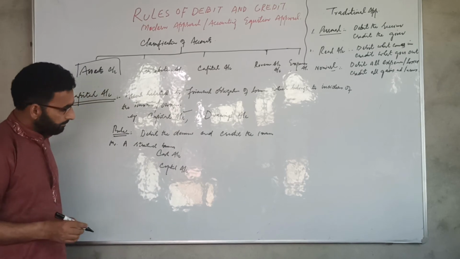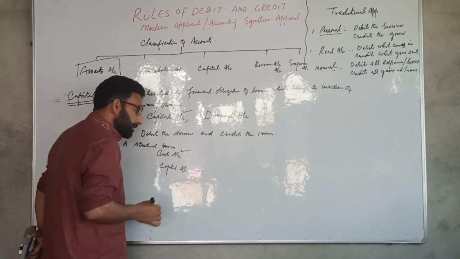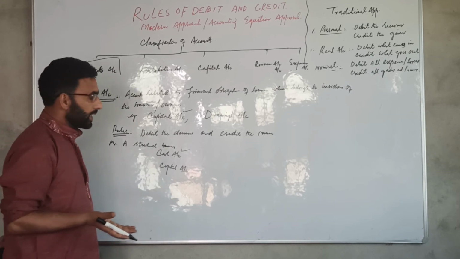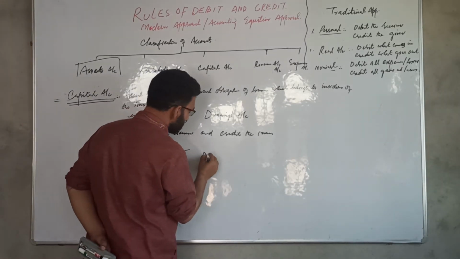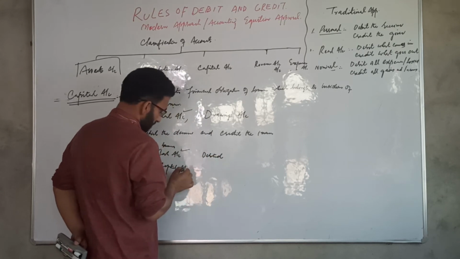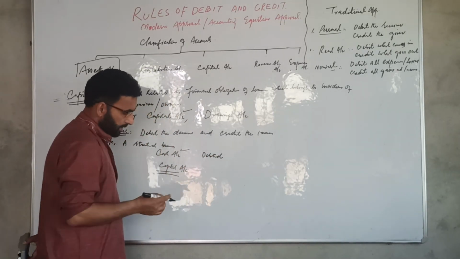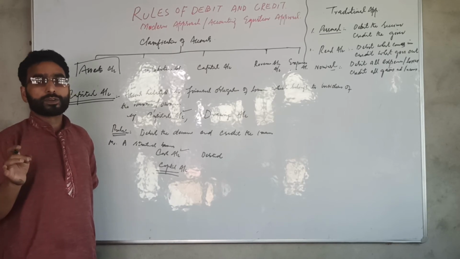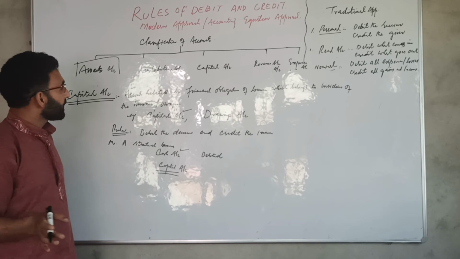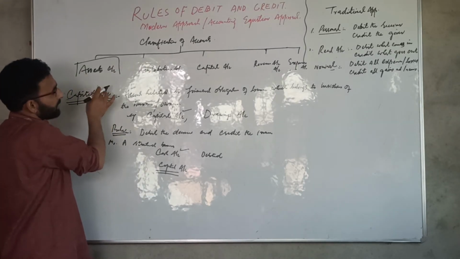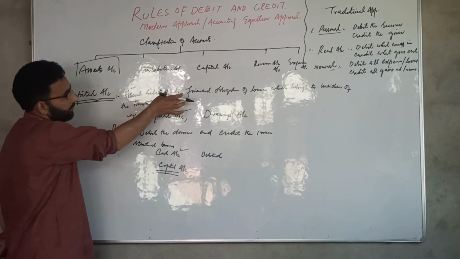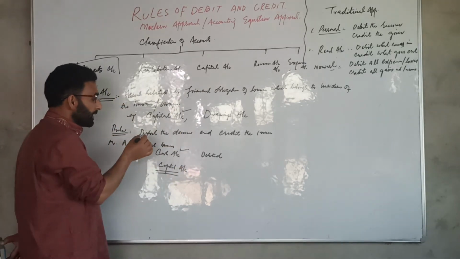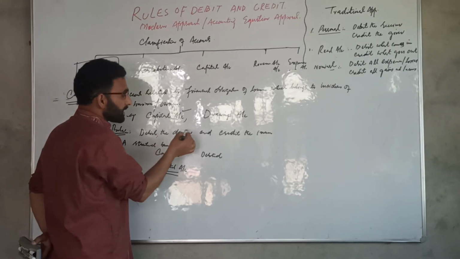Here the business got cash, cash is an asset, and when there is an increase in assets, the asset account is debited. Similarly, when cash is introduced in the business, the capital account is introduced. Capital is the giver. As per the modern approach, capital is a financial obligation related to the insiders of the business. So the rule is debit the decrease and credit the increase.